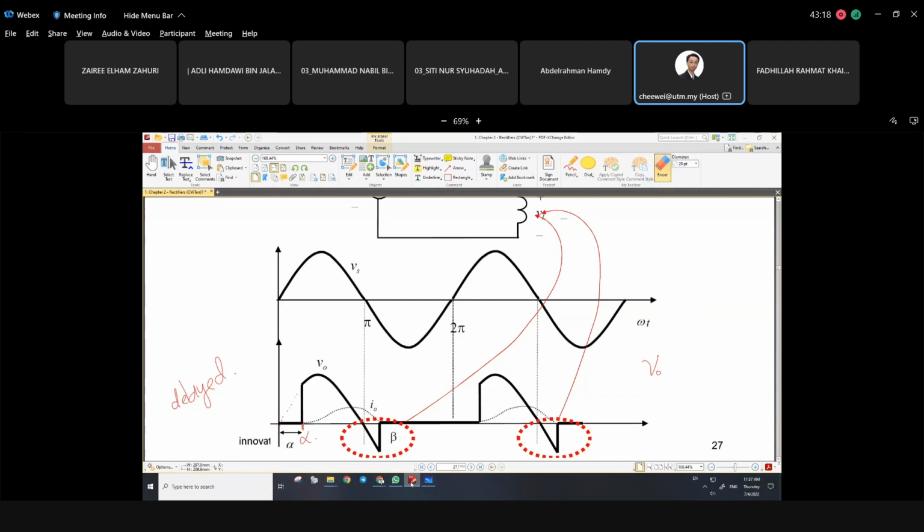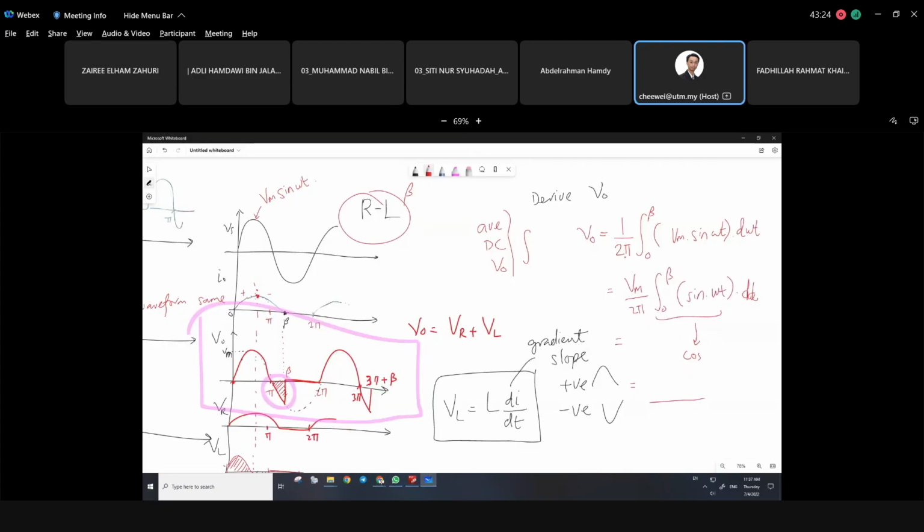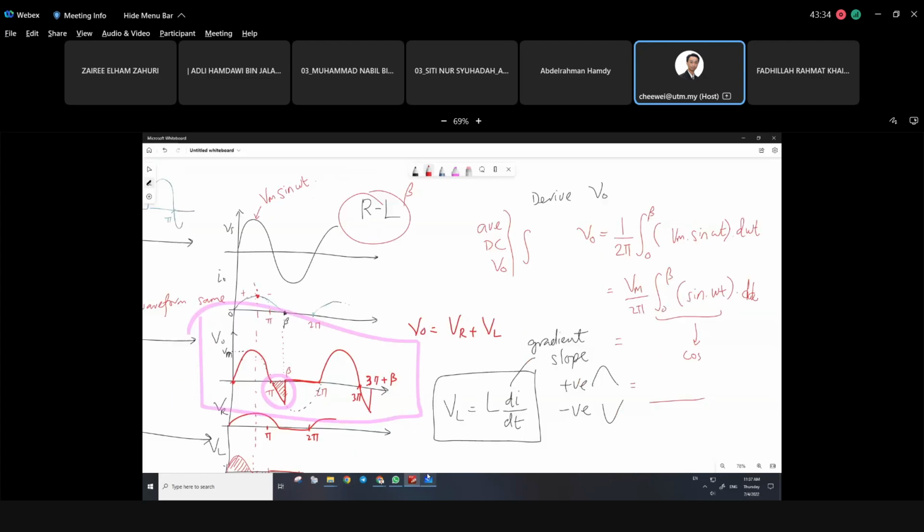Any idea? Is it still the same process as this one? You're starting from 1 over 2 pi, integrating it. Instead of starting from 0, what happened? We have to start from alpha. So you have to substitute this starting point 0 into alpha and then end at beta.